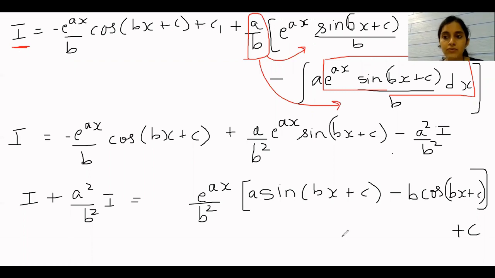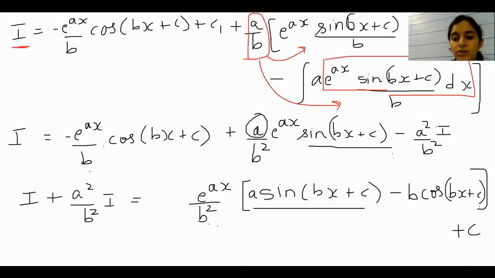Now if I take that common on the right hand side, then in the first term, since there is a denominator b and I have taken b square common, I have to multiply the numerator with b. So minus b cos of bx plus c is already there here. Then in the second term, e raised to ax upon b square is common, so I'm left with a sine bx plus c. That's what I have written over here.